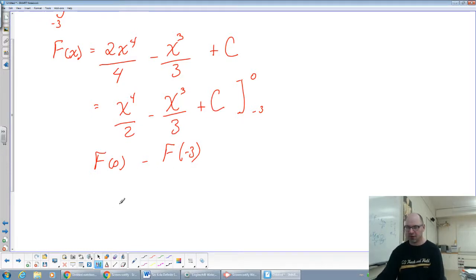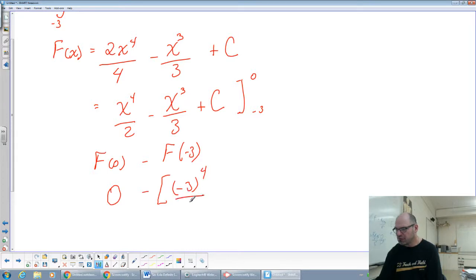So you're going to end up getting 0 minus x to the fourth, so -3 to the fourth over 2, minus -3 to the third over 3. The substitution with the 0 is just 0, because the constant's going to cancel out.